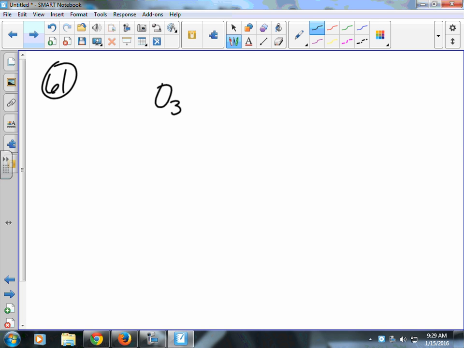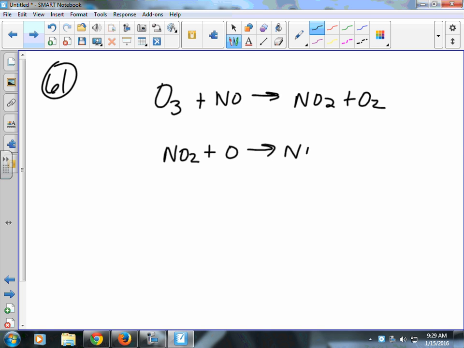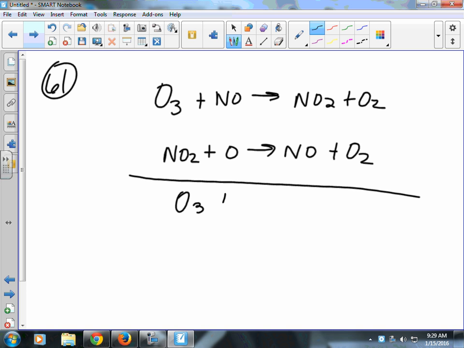That's a slow step. NO2 plus O goes to NO and O2. And the overall reaction is O3 plus O yields 2O2. This is what CFCs do in the ozone layer, by the way.